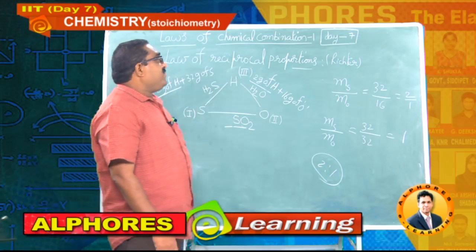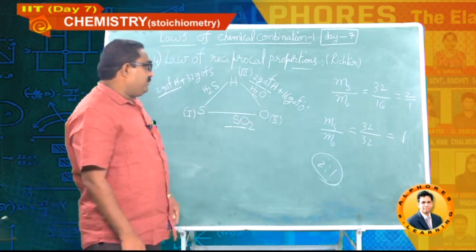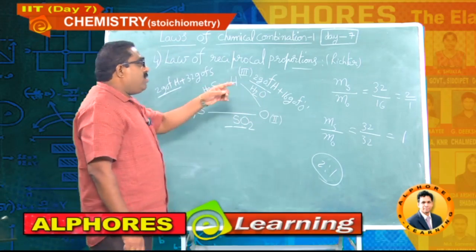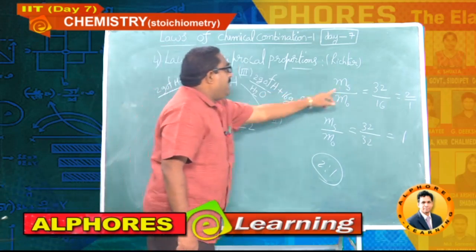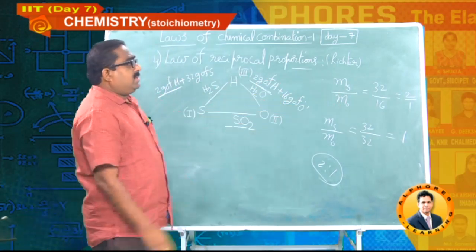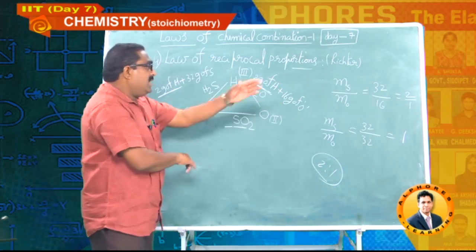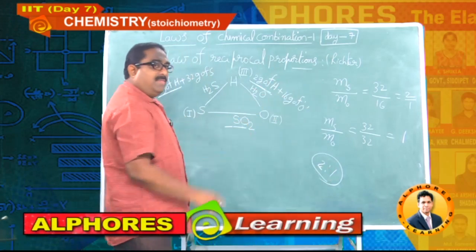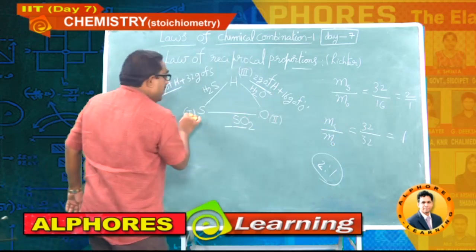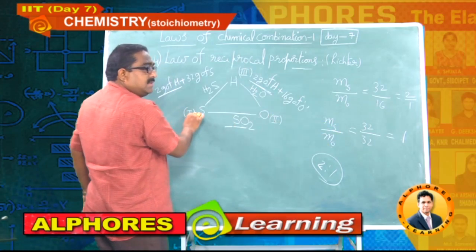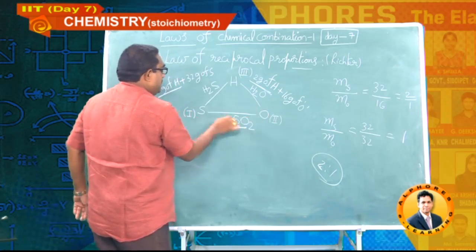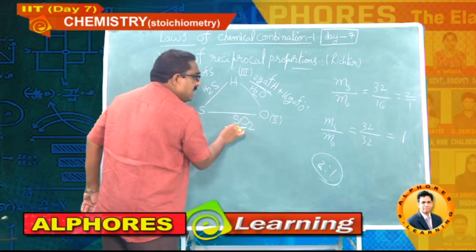I will repeat once again. If two elements combine separately with the third element, the mass ratio of first two elements that combined with fixed mass of third element will be equal to, or in the simple ratio to, the mass ratio of first and second elements in a compound formed by their direct combination.